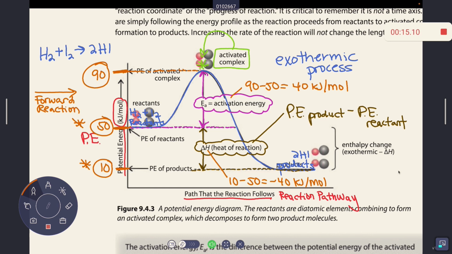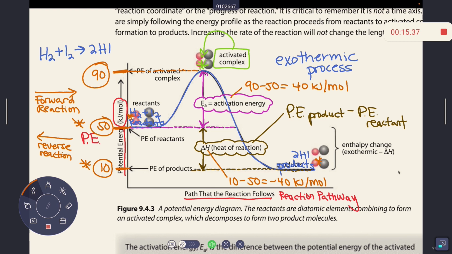If you're looking at it in reverse, you'd be reading it from right to left, so this direction would be the reverse reaction. When it's the reverse reaction, the products over here will now be the reactants, and the reactants over here will now be the products. Does that make sense?